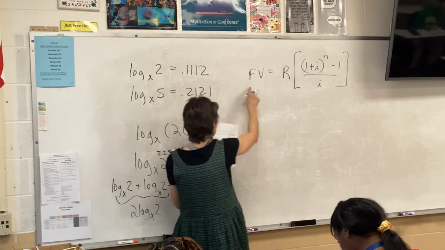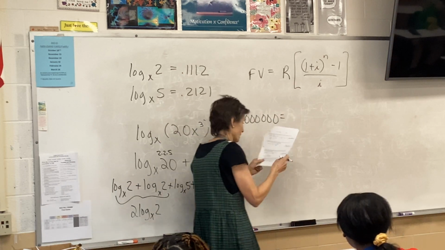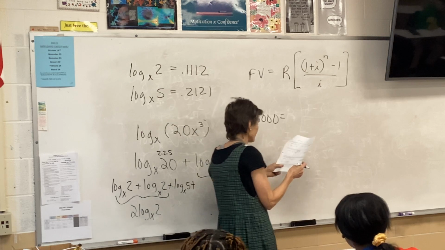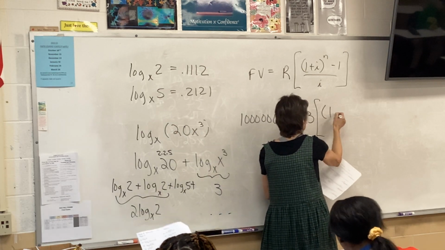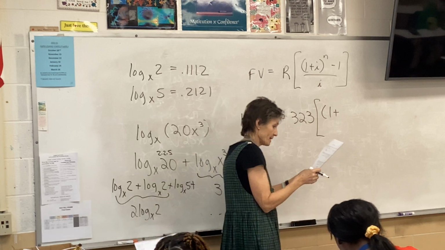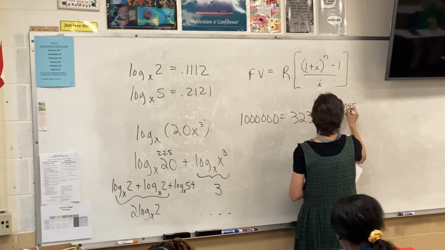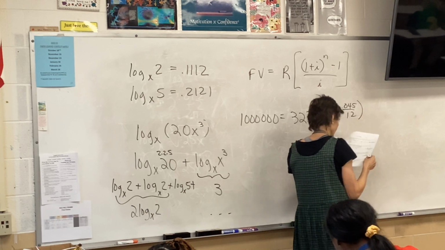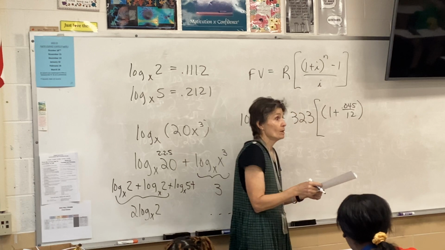Your goal is to have $1 million. You make monthly deposits. The account pays 0.045. How long will it take you?